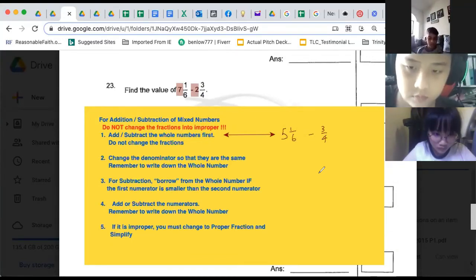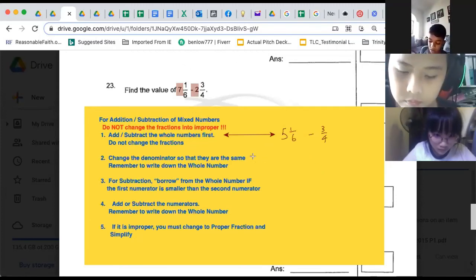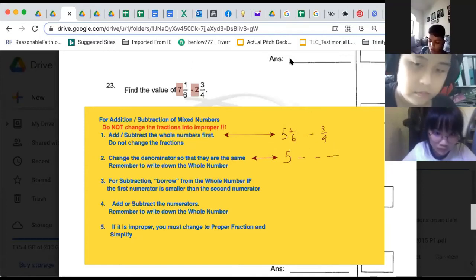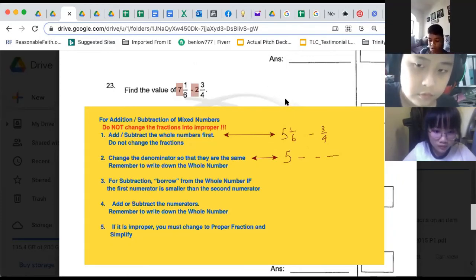Step 2. Change the denominator so that they become the same. Remember to write down your whole number. Your whole number is still a 5. But now you will change them to a common denominator of what? Children, what do you think?